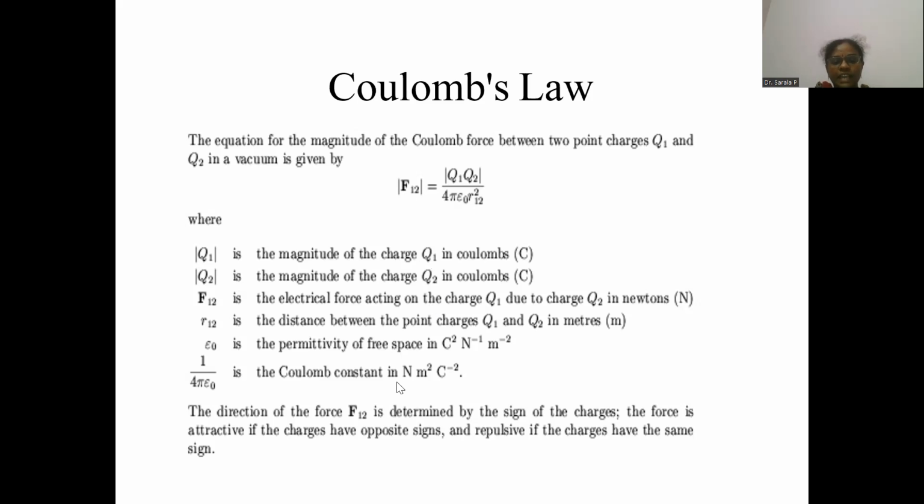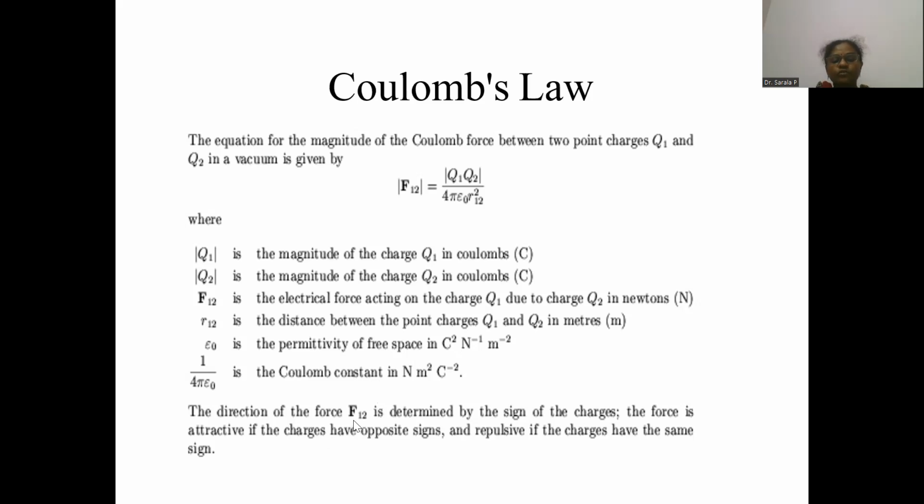Force F12 is the electrical force acting on the charge Q1 due to charge Q2. Here 1, 2 represents on 1 due to 2. R12 is the distance between the point charges Q1 and Q2 in meters, and epsilon naught is the permittivity of free space, in Coulomb square per Newton meter square. The 1 by 4 pi epsilon naught is the Coulomb constant.